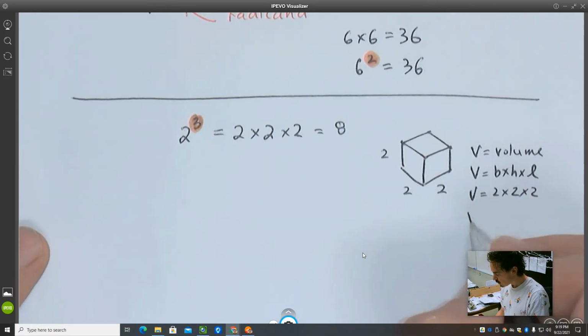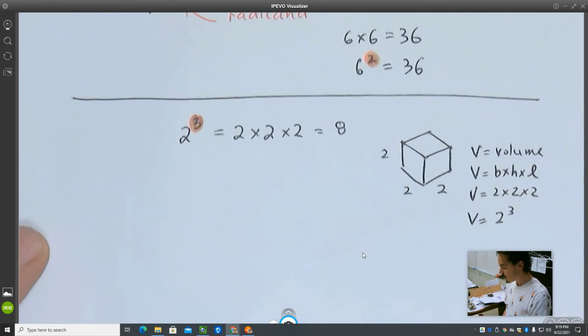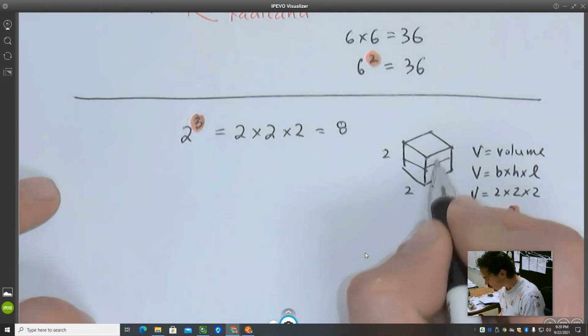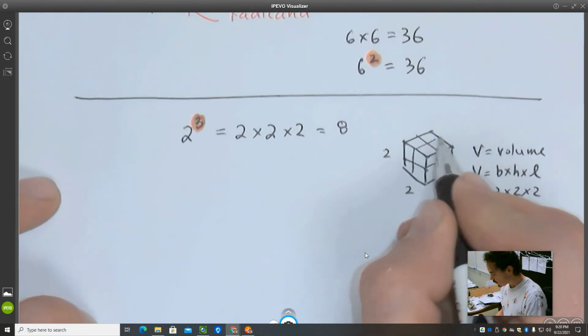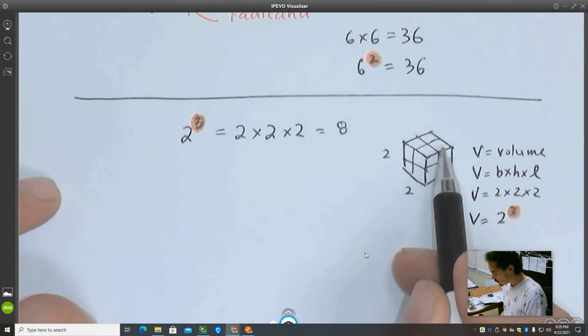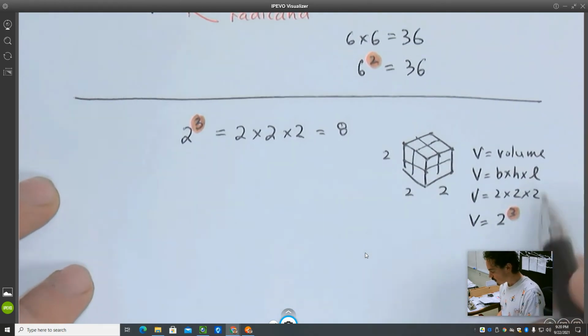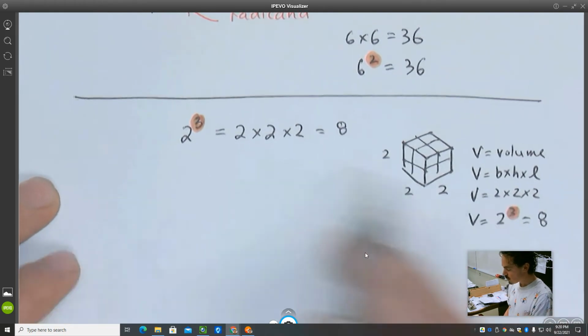In other words, the volume would be 2 to the power of 3. They call this a cube because it's how to find the volume of a cube. You can actually draw it out and count the number of cubes: 1, 2, 3, 4, 1, 2, 3, 4, one hidden behind there, and you know that would be equal to 8. So this is called a cube.